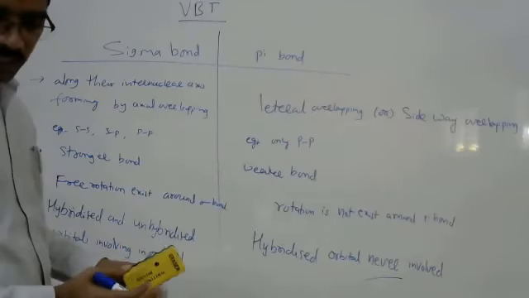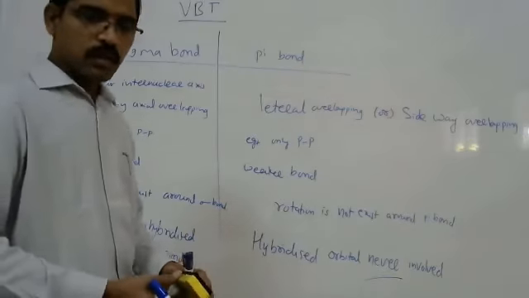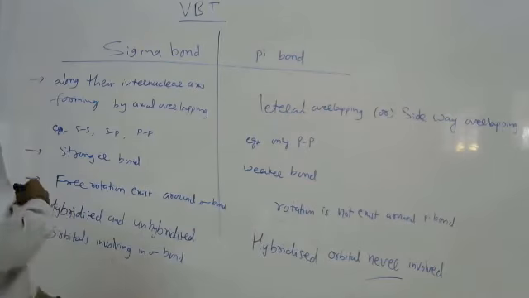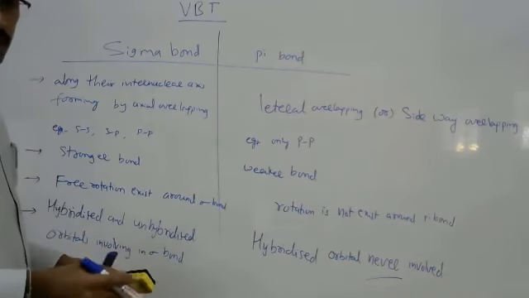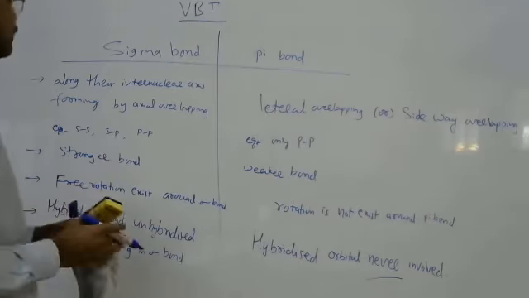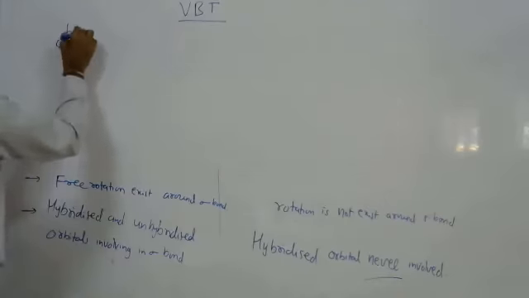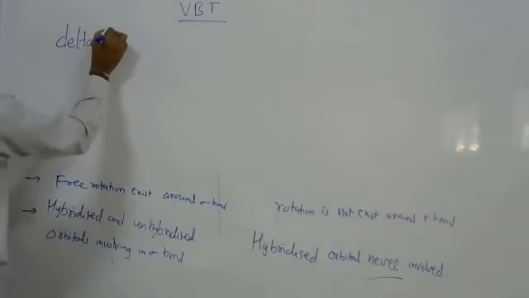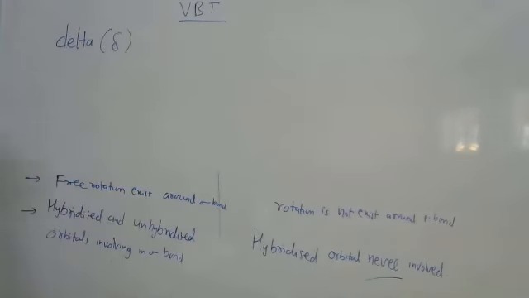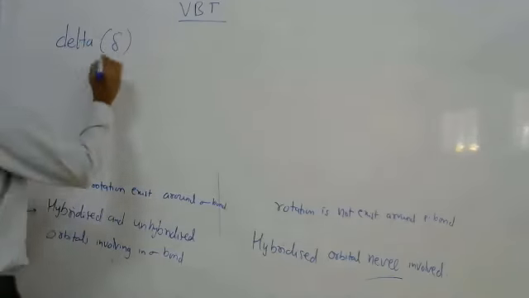Generally sigma and pi is enough, but they can ask, in JEE it was asked once: what is a delta bond? There is no more information about that, just what is a delta bond, that's enough. The delta symbol, do you know, is like D, delta bond.